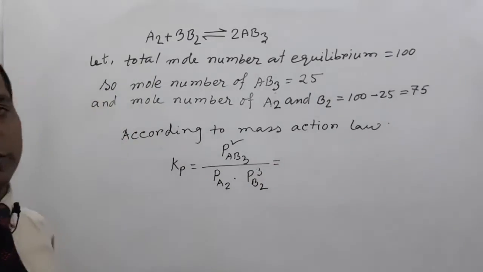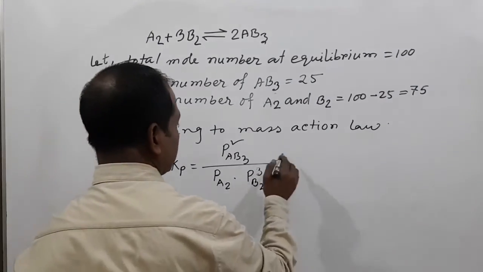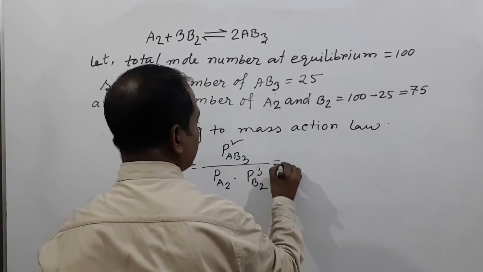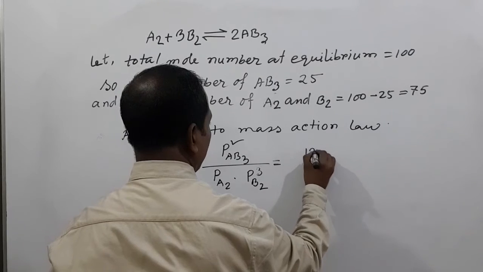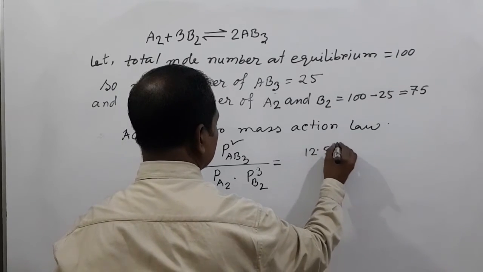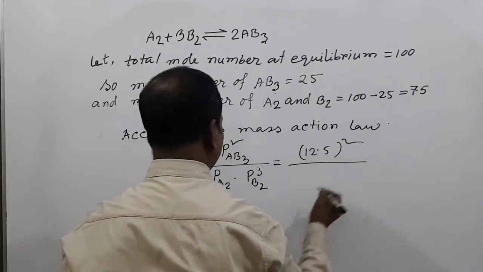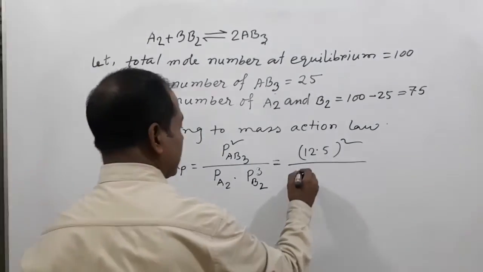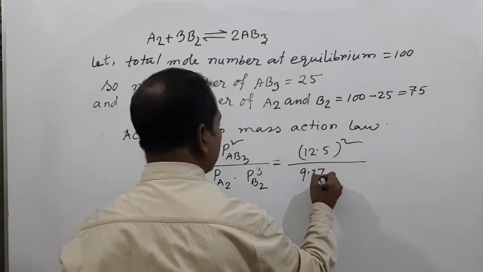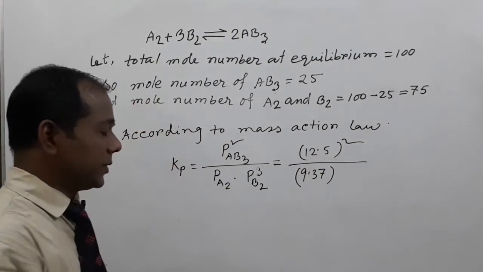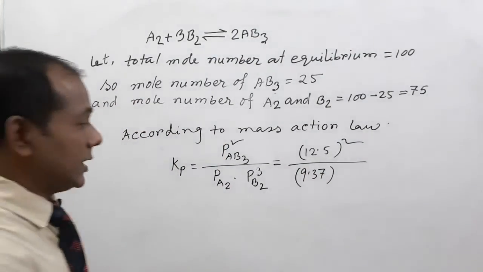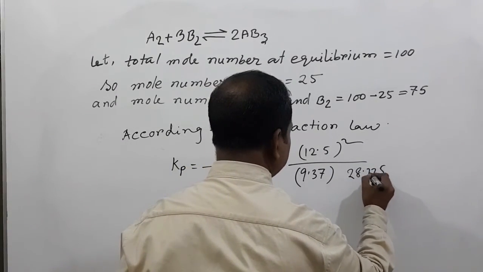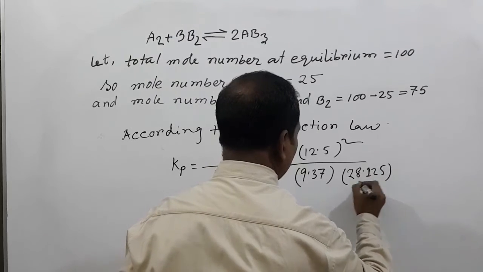And now my dear students, the value of PAB3 equal to 12.5, that is whole square, divided by partial pressure of A2, that is 9.37, and partial pressure of B2, that is 28.125 whole cube.